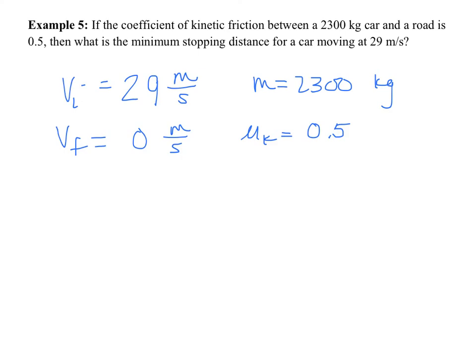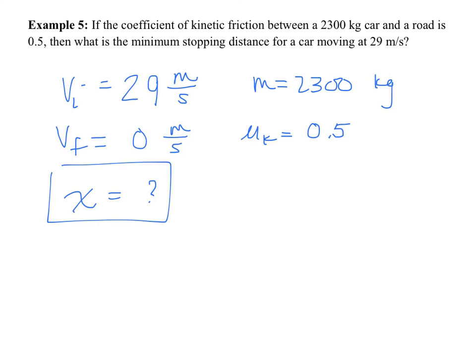So if we want to find out the minimum stopping distance, and it's only traveling in one direction, we're really trying to find out what x is. That's our goal. Now, if you use the work kinetic energy theorem, you'd be saying F times D times cosine theta equals delta KE, and you find D for minimum stopping distance.